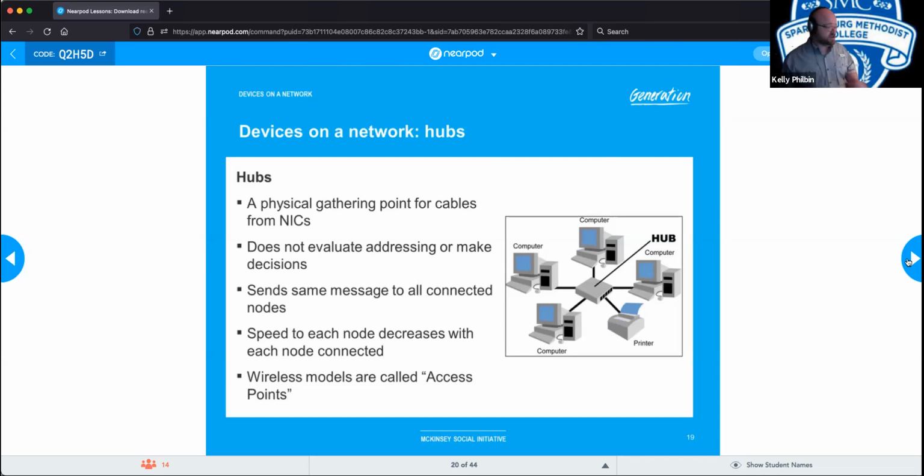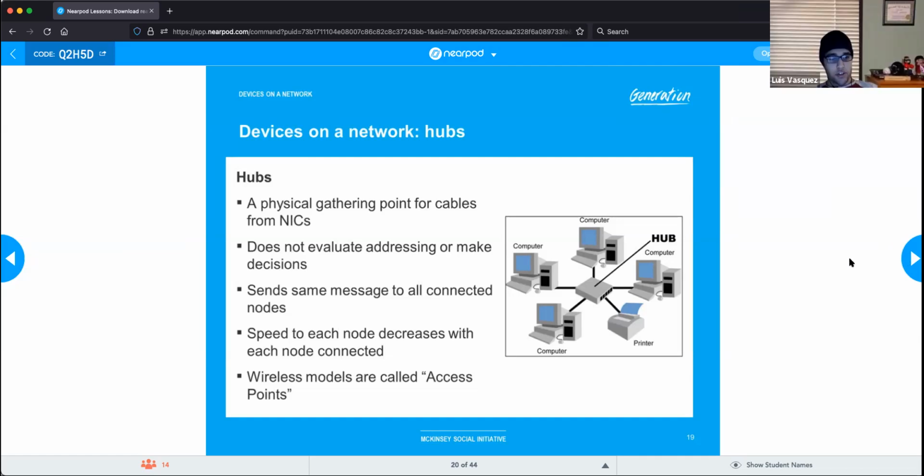So the signal can only be transmitted by a single node at any given time. So you might be sitting there thinking, well, what happens if two people talk at the same time? There is what's called a collision. The data essentially rams into each other and it can't get through. So you have a collision.